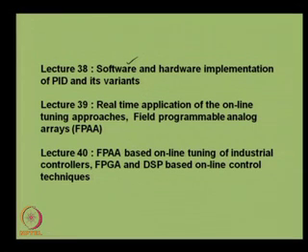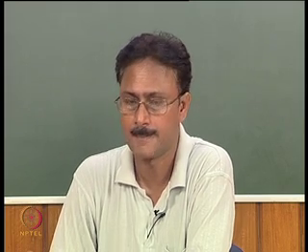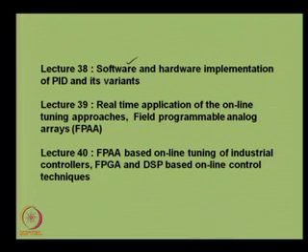Digital PID controllers can be effected with the help of many processors, DSP processors, FPGA and so on. Whereas, analog PID controller can be designed using field programmable analog arrays.